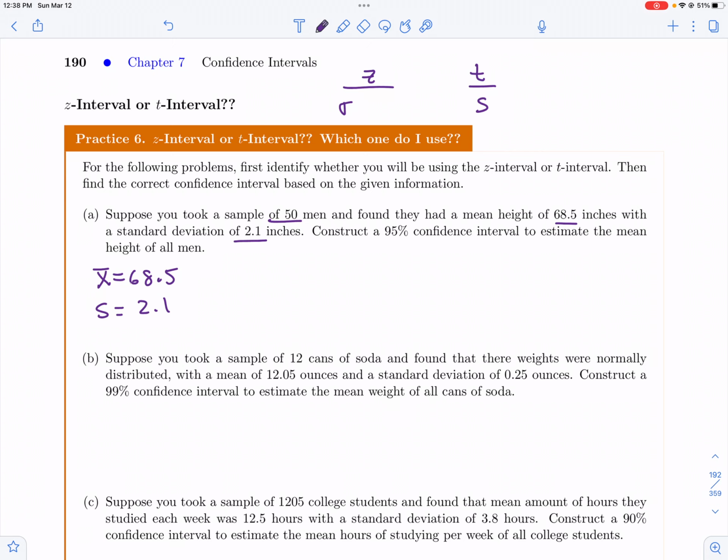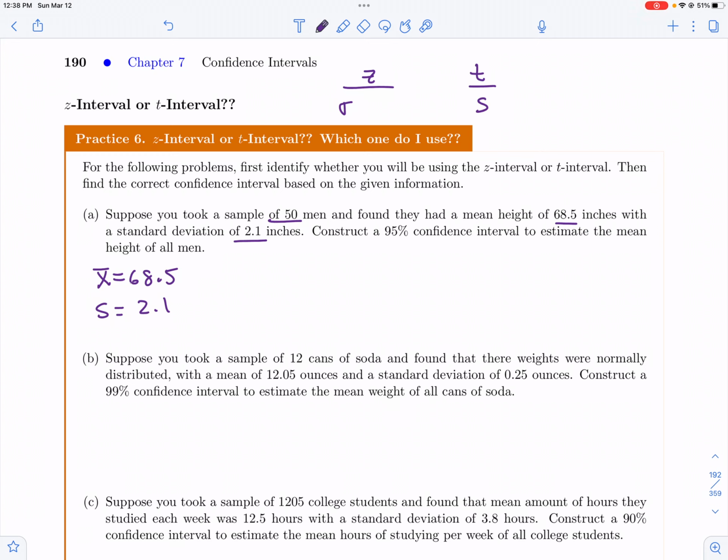It wasn't provided for us, it wasn't given to us. We calculated it as part of the sample process. Population standard deviation is something that's given to us, and the sample standard deviation is something that we're finding, that we're calculating. That's how we want to recognize the difference in the way these are worded.